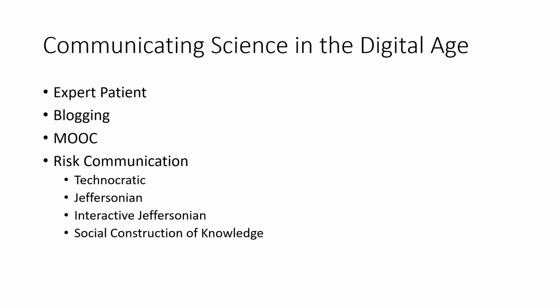And then finally, we have the social construction of knowledge, and this is where we have the community of experts working on issues with the general public. And this is where we have the citizen scientists who are adding to the research.